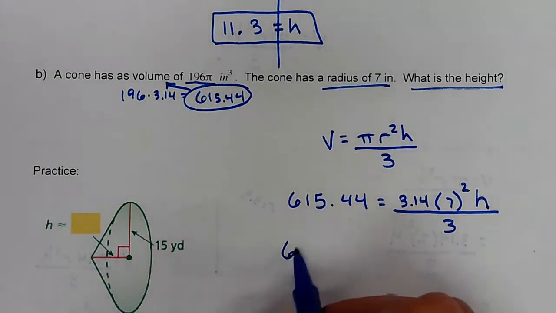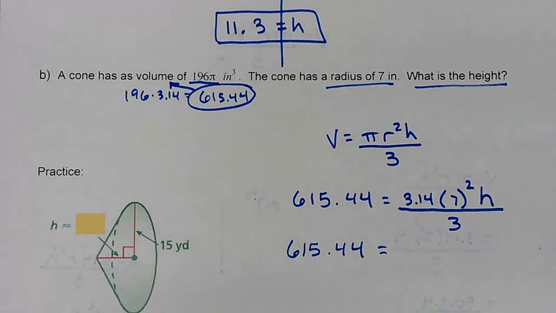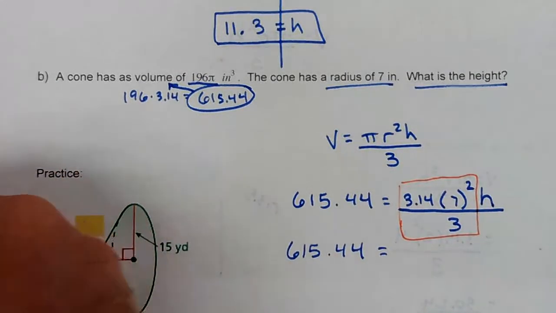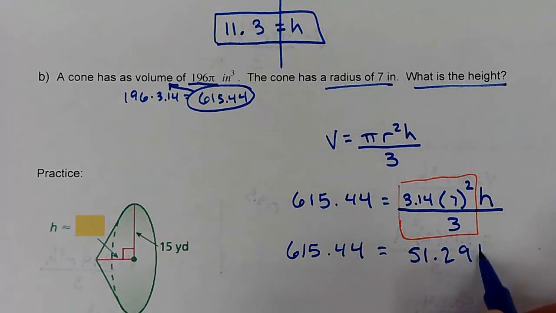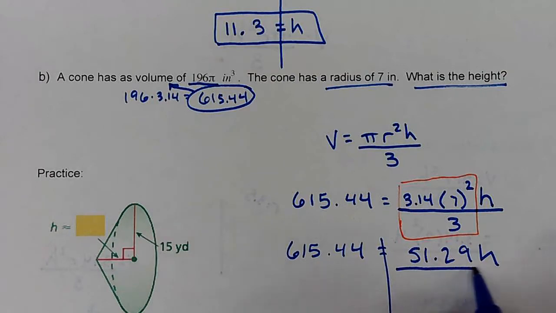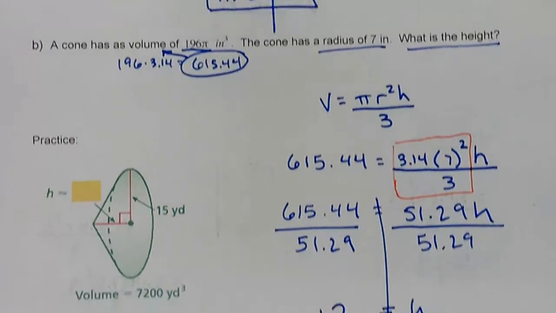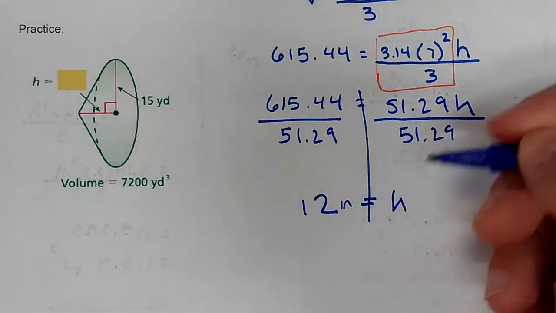That's going to give me 615.44 equals, remember, I'm going to simplify this part here. It gives me 51.29 h. Divide by 51.29. So h equals 12. And it would be 12 inches if we were labeling.